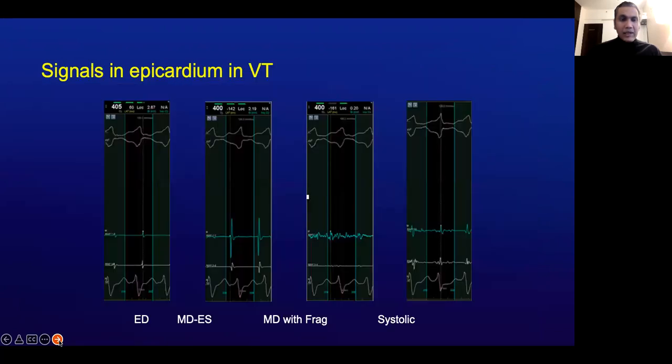A sample of the signals that were found within the epicardial location, both in the early diastolic phase, in the mid-diastolic corridor, fragmented signals present in the mid-diastolic location, and also systolic location, suggested to us that perhaps the entirety of the circuit was contained within the epicardium.